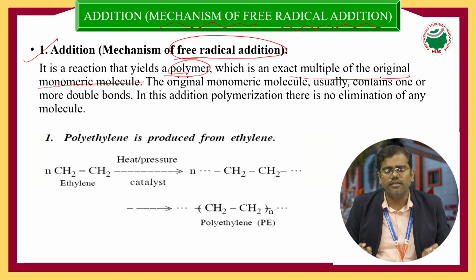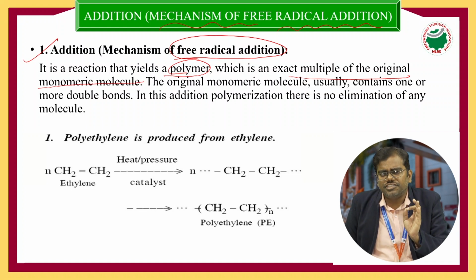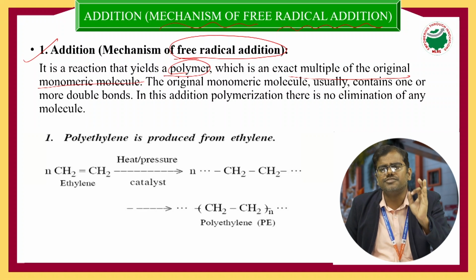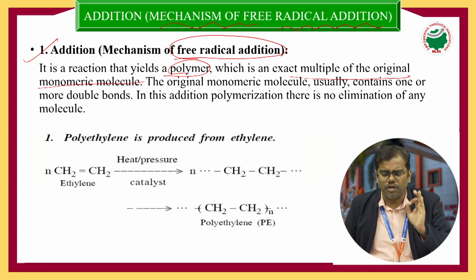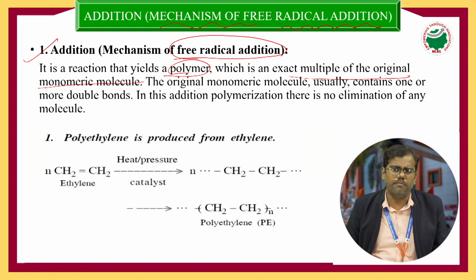Okay, one point you should remember, my dear students. In addition polymerization, only unsaturated chemical compounds are involved. Unsaturated chemical compounds are the monomers containing double bonds, triple bonds, or alternating double bonds, which will participate in addition polymerization.